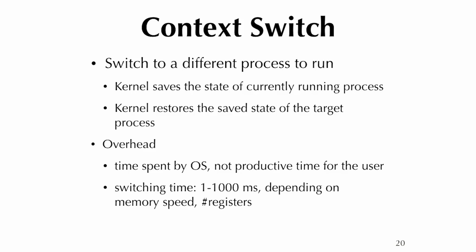But in practice, it could be 1 to 1,000 milliseconds. You shouldn't get too fine-grained, or the time shouldn't be too short, because it takes a lot of time to take interrupts, and all of these involve some kind of interrupts, right?